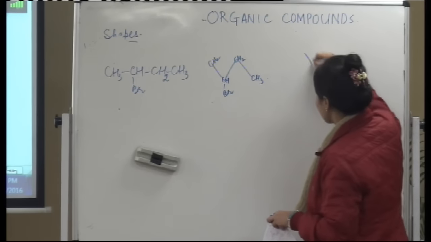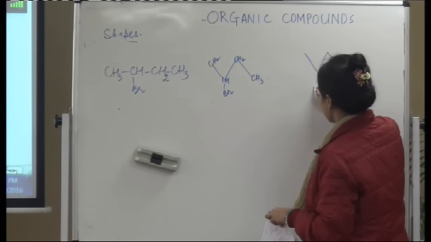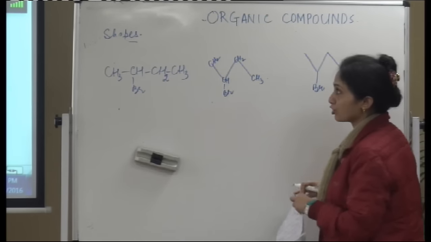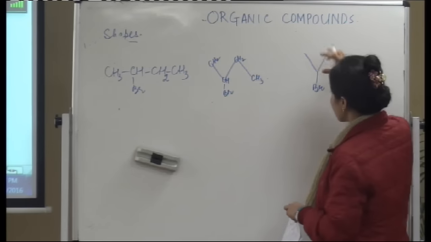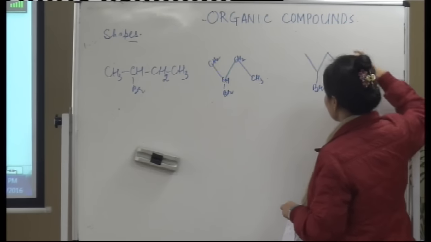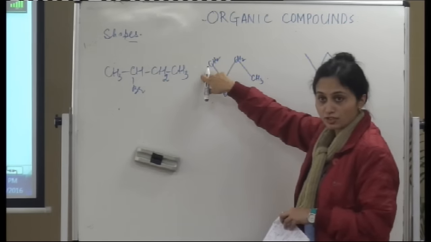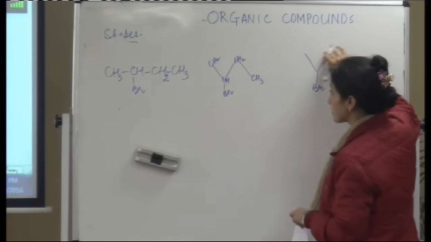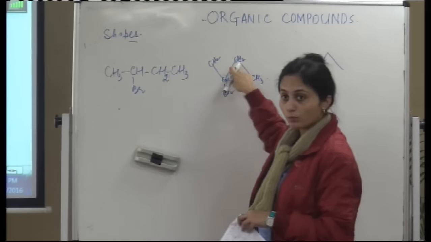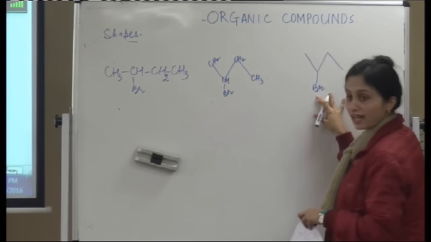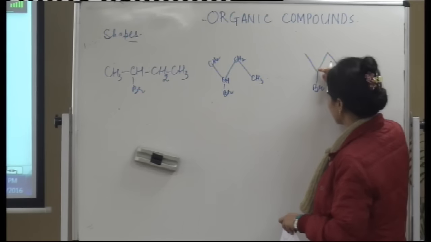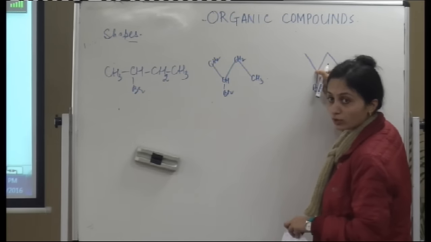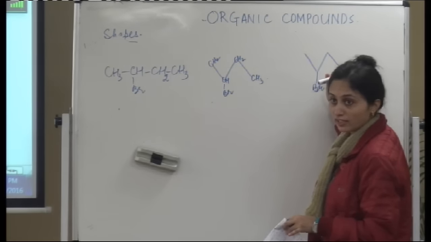Or if I simply draw it like this, you should be in a position to understand that each terminal represents a CH3 and each point represents a methylene group. And if you have a side functional group attached, then you know that the carbon will have only one hydrogen. So accordingly you just have to understand.